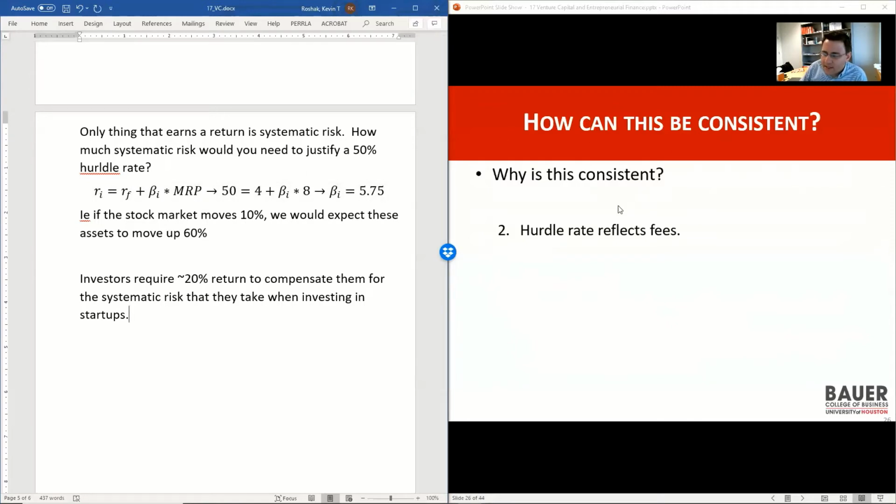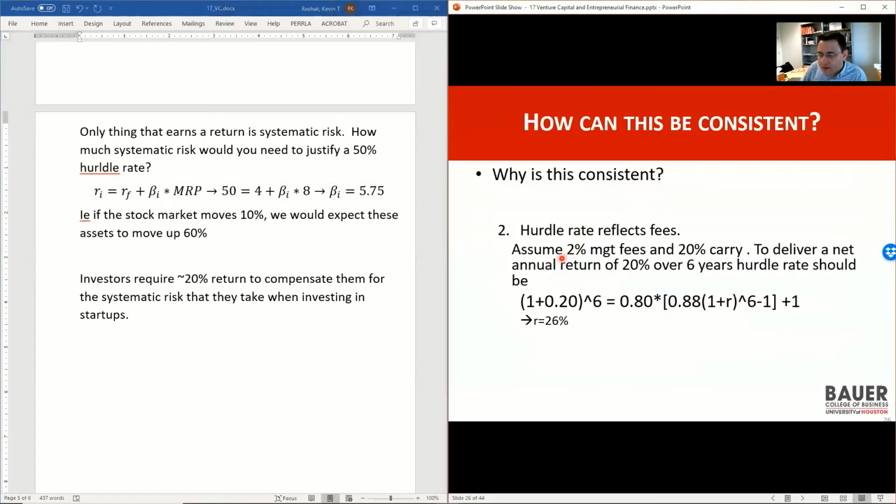So how are VCs paid? Well, they're paid 2% of assets. So if the investor gives $100 to a VC, the VC gets $2 every year. And then VCs also get 20% of the profit. So if you do a little bit of algebra, you can figure out that in order for investors to earn 20% per year, the actual assets have to earn 26%. Okay.